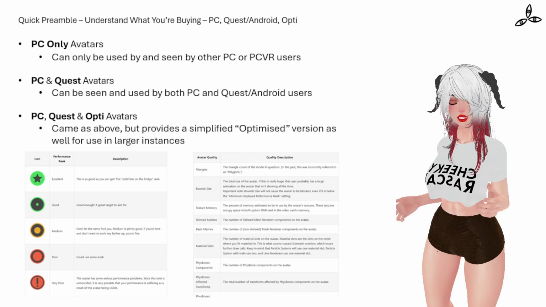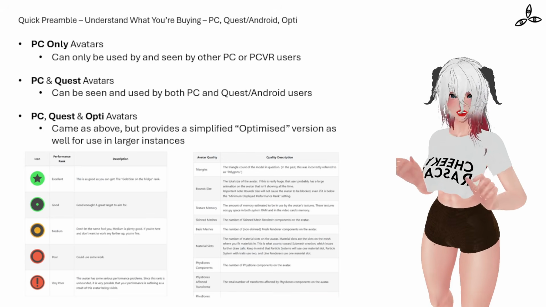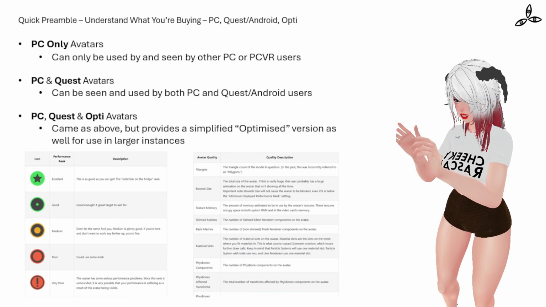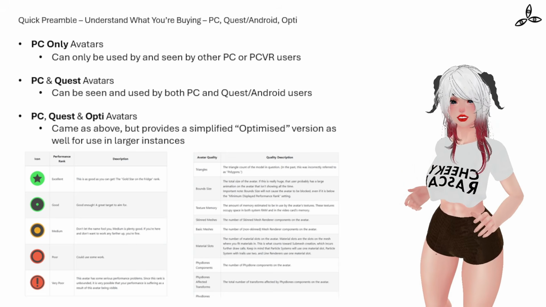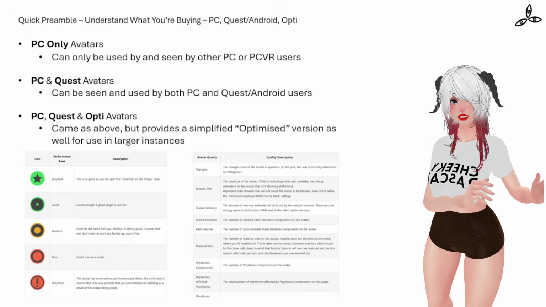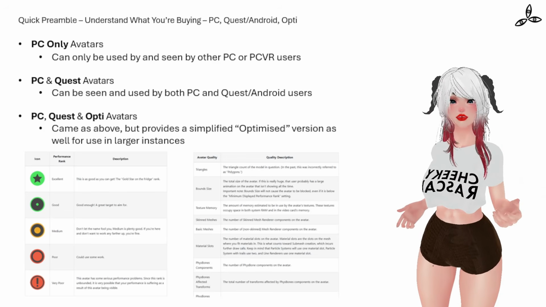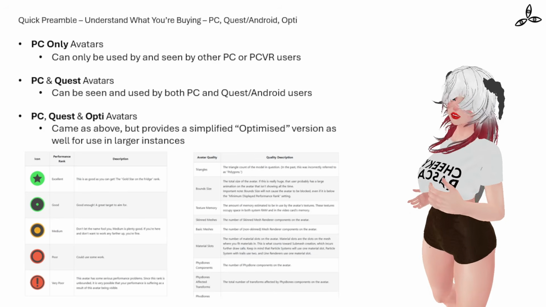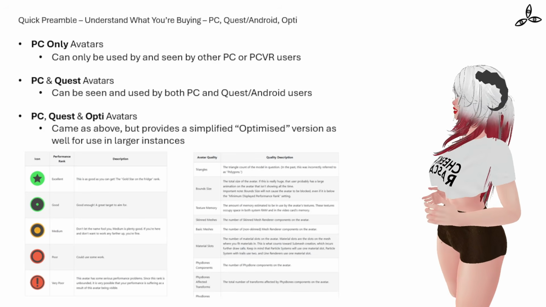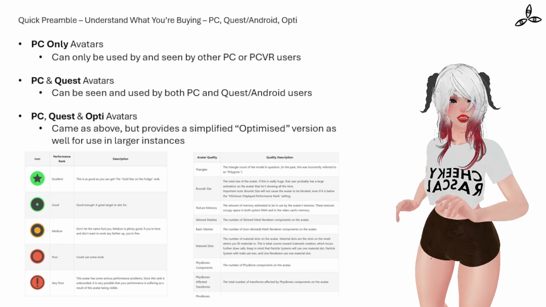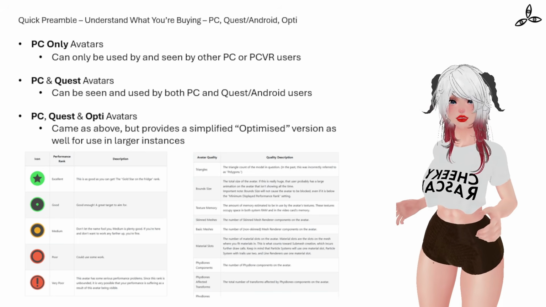Well, if you buy a PC and Quest avatar, it'll come with two projects. One will be suitably optimized for display on the Quest, and the other will be the full-fat version on the PC. There's a whole topic there, but if you only buy a PC one, you won't be able to see it if you're on the Quest.